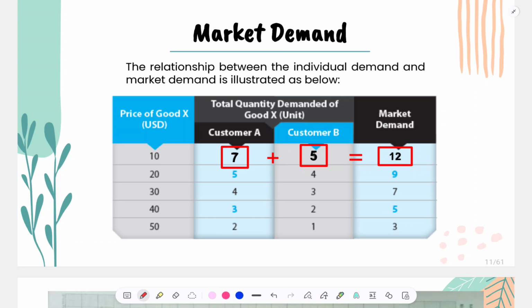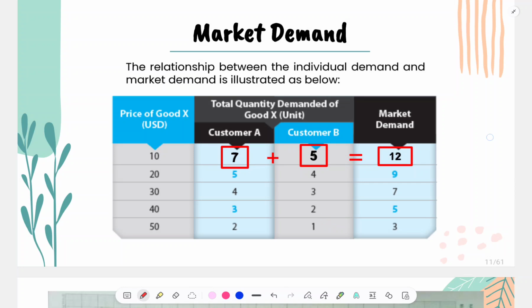We do this for every price in the table, and that gives us the market demand table. So before we plot the market demand curve, we need to plot the individual curves for customer A and customer B, all on the same graph paper.